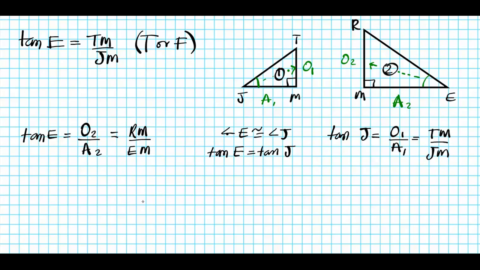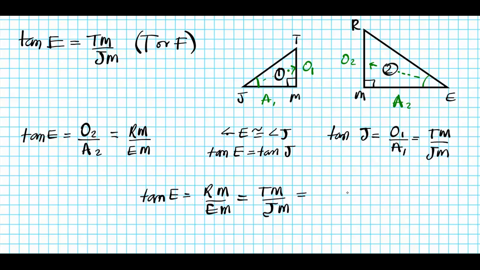Okay, let's write down some equations. So tan of E in the big triangle is RM over EM, and it's also equal to TM over JM in the second triangle. Why?